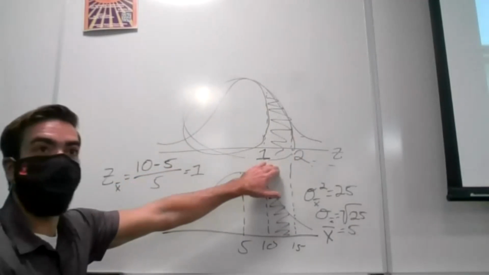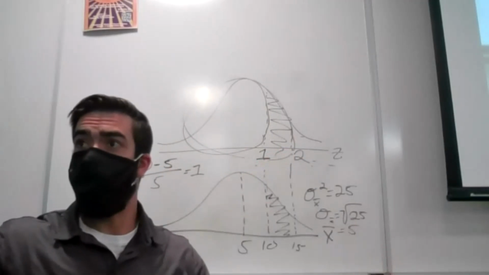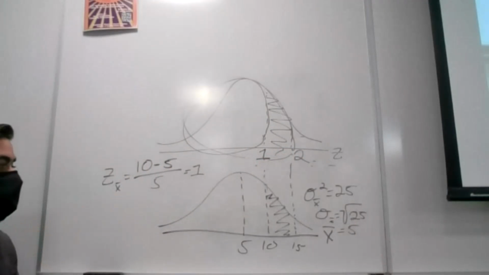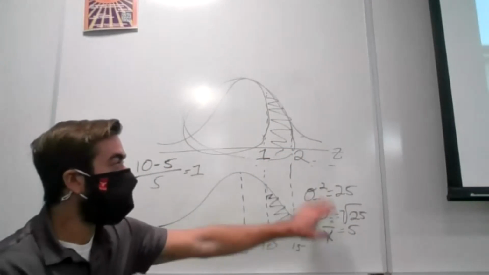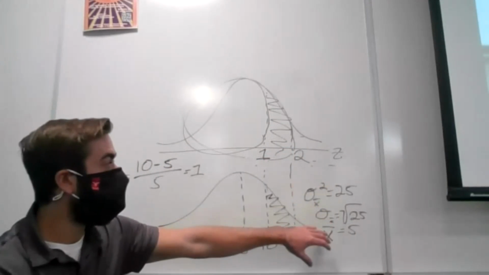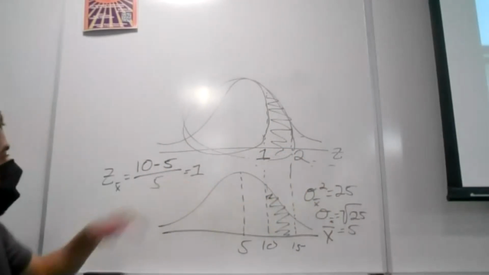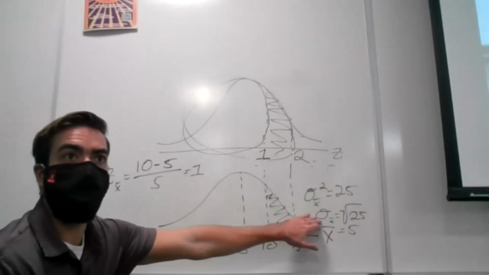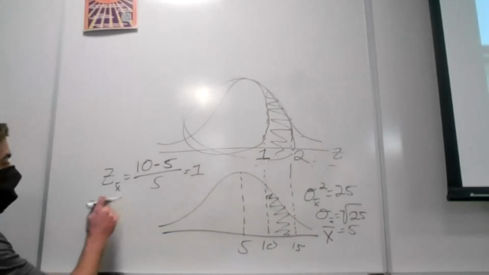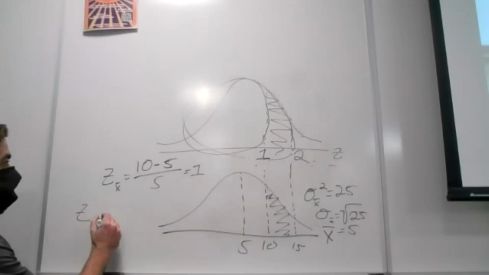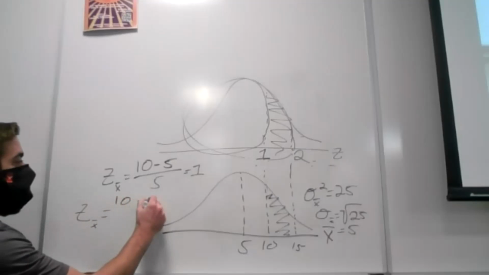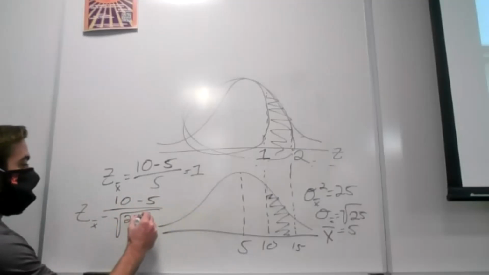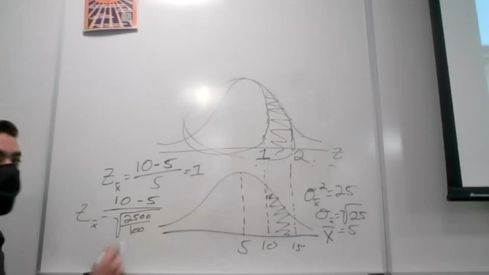Once we convert these to z-scores, it looks exactly like what we were doing before. It's just a slightly different equation to find our z-score, because I computed the standard deviation of my sample means first. Otherwise the original equation would be: take 10, subtract the mean, divide by the square root of 2,500 over 1,000.